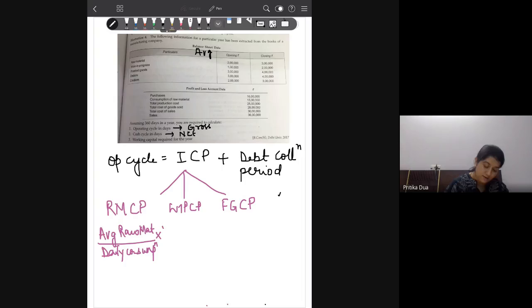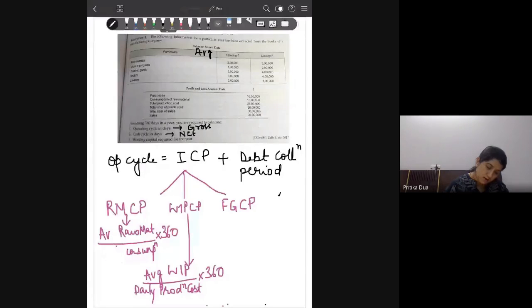We're given 360 days in the year, you'll take the values accordingly.